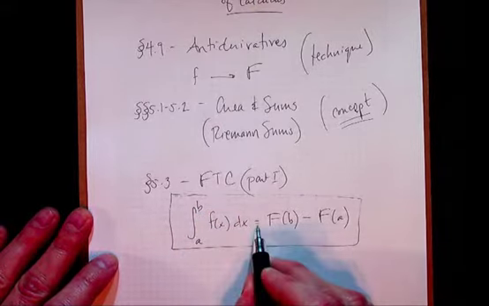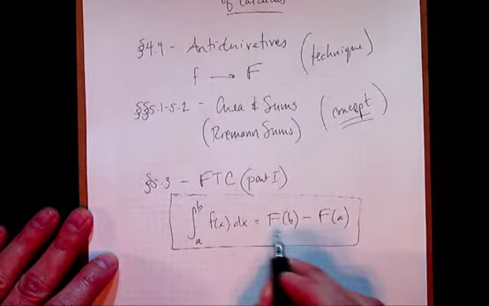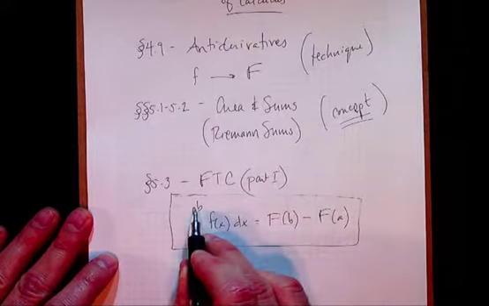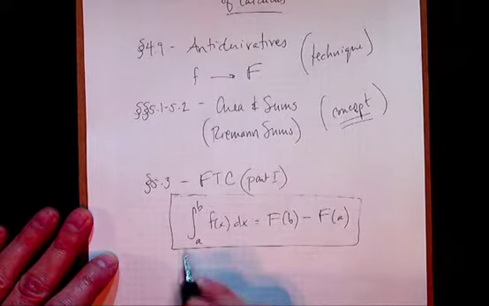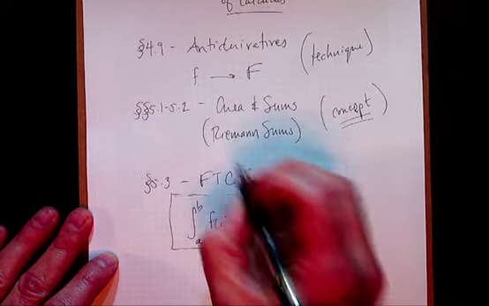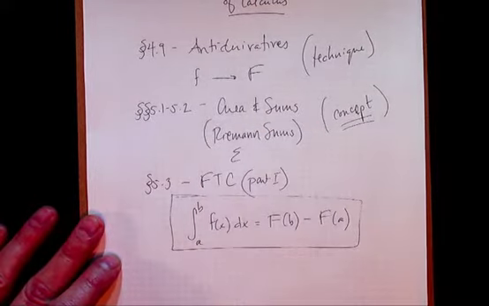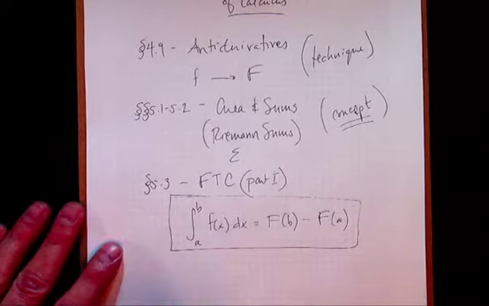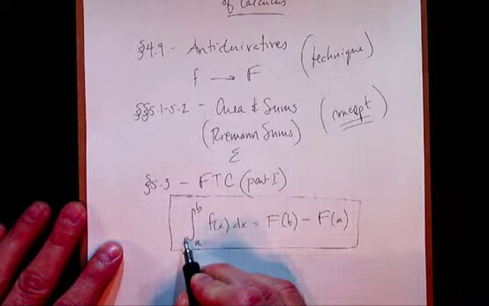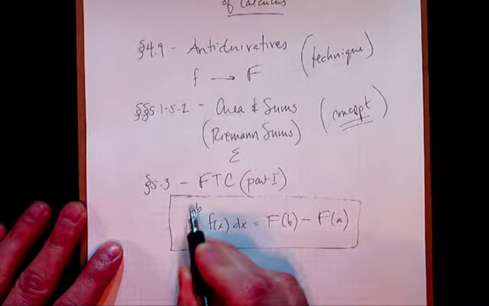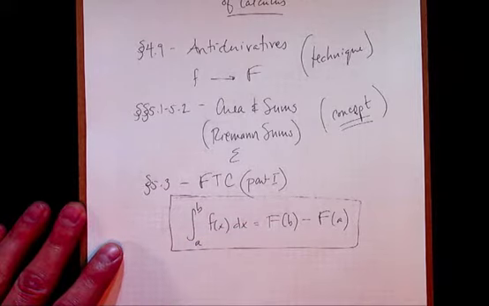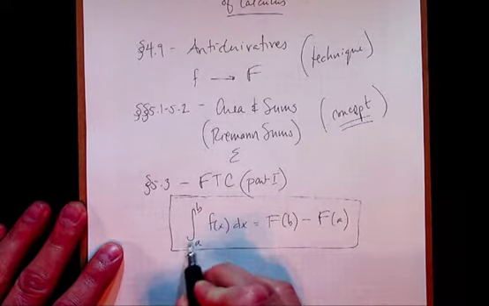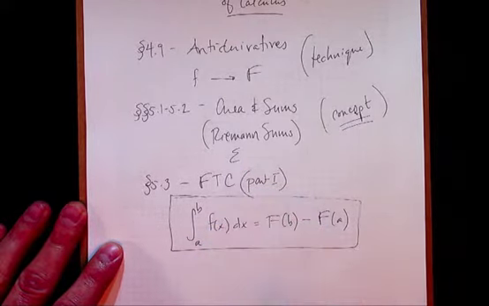And it's equal to the antiderivative at b minus the antiderivative at a. Okay? Now, Riemann sums are done in terms of sigma notation, sigma for sum. There is a reason why the integration symbol looks like a nice big elongated S, because it is a sum in the same way that a sigma is a sum.